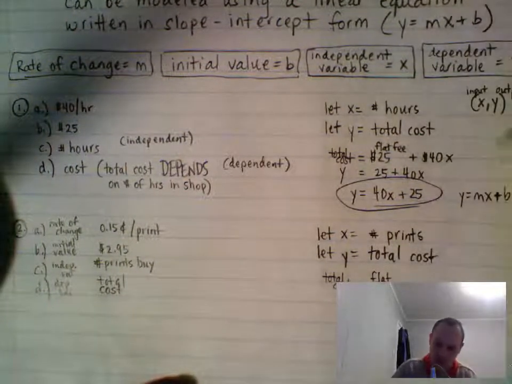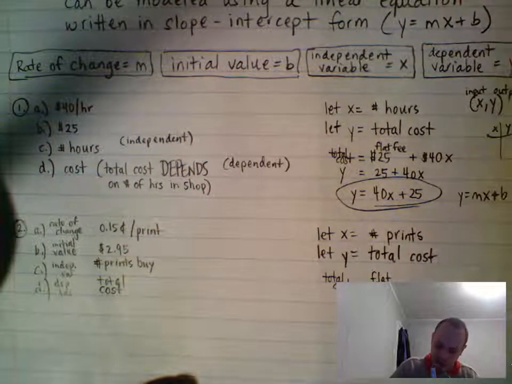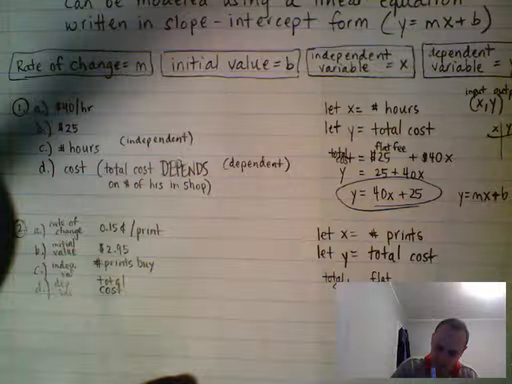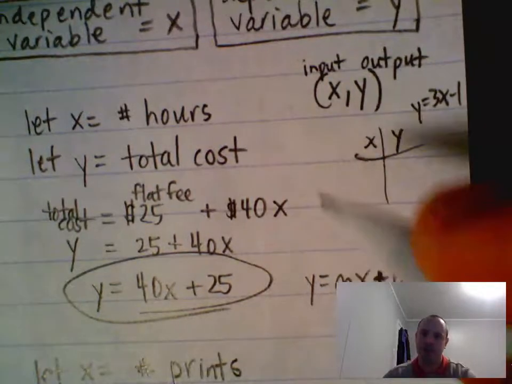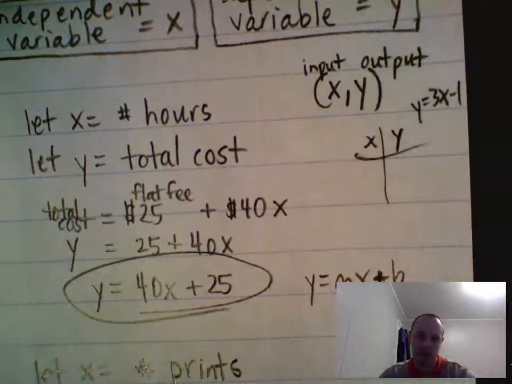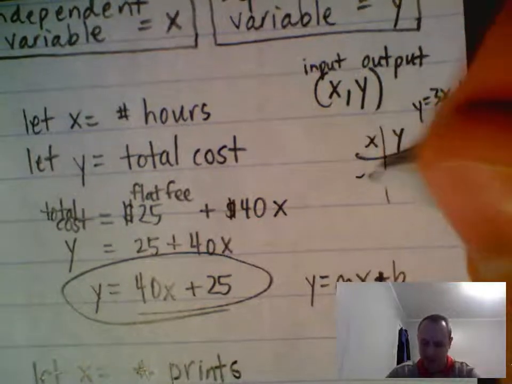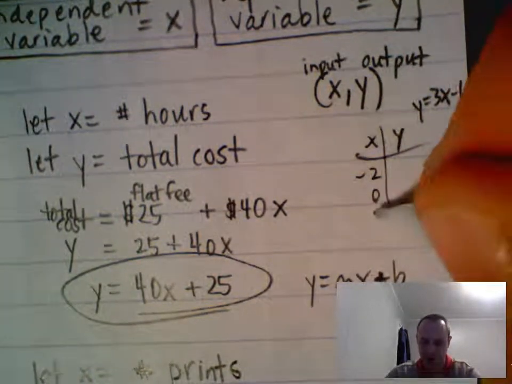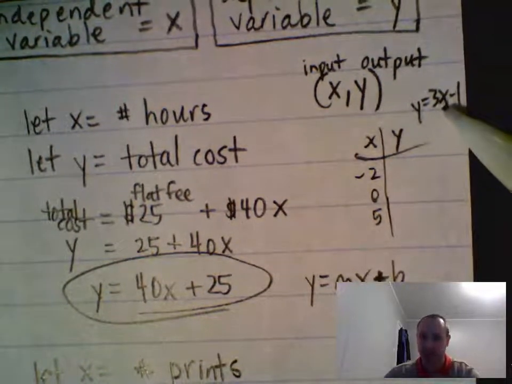Usually when you have an XY table and you have something like y equals 3x minus 1, usually what happens is they give you some x numbers, or if they don't give them to you, you start with the x numbers, right? So you might start with a -2, a 0, and say a 5. And then you take the x value, you plug it in, right?